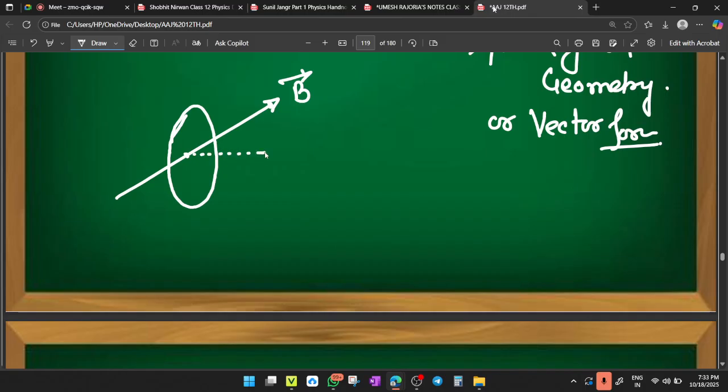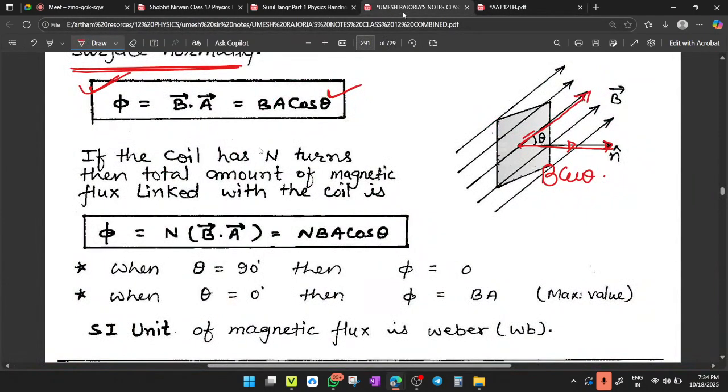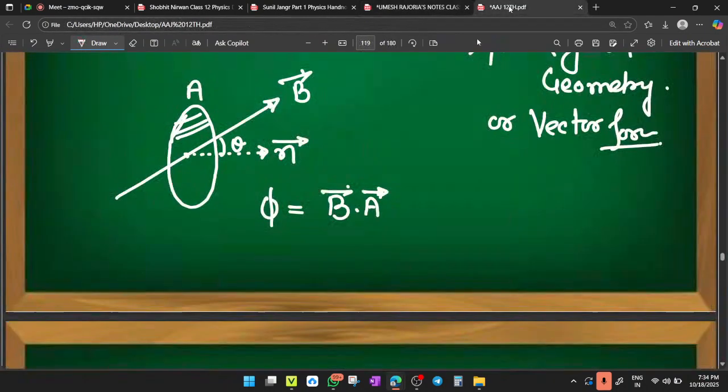And this is the direction of the area of the loop, that is the n vector. So here is the theta angle. If the total area of the loop is A, so the total flux is B dot A, which is BA cos theta, as the loop contains only one turn.